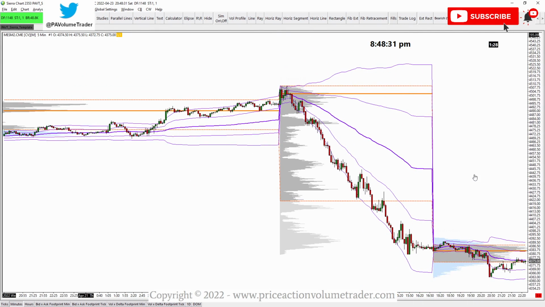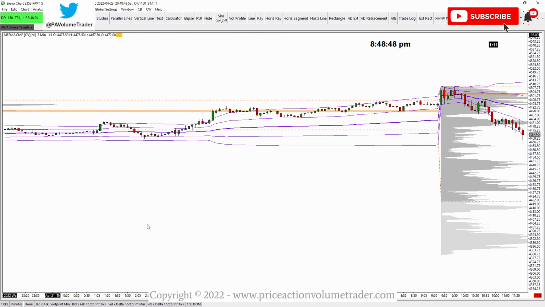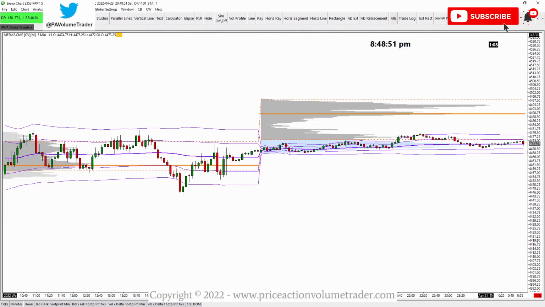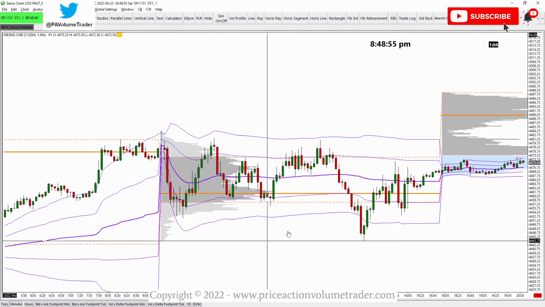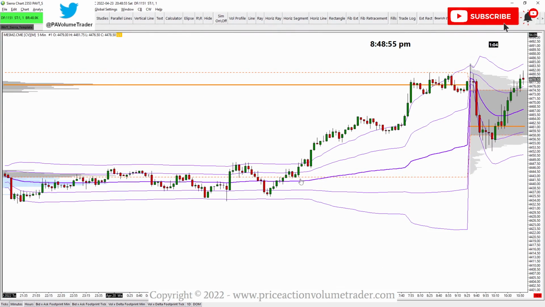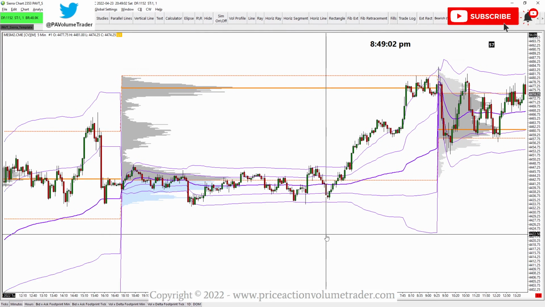on the whole regular session. You can see how pretty much price was in like an envelope between the first and second deviation and just stayed there all day long. So this is very useful. When you see days trending, you can obviously use momentum to make sure that you are either going long or short, depending if you are above or below VWAP.